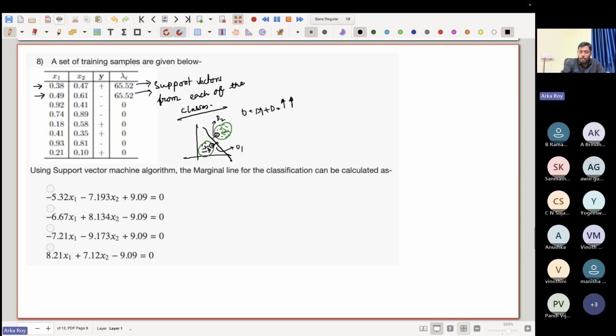And to maximize this, we have already seen that we solve a series of equations. First we encounter a constrained optimization. To make the constrained optimization an unconstrained one, we form a Lagrangian. We solved the equations of the Lagrangian and got the solution as well. And we saw that the Lagrangian multiplier is non-zero for the support vector cases, and the support vectors are quite important as far as the SVM is concerned.